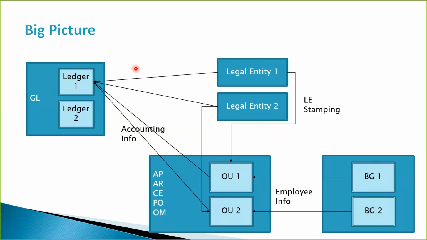This is how we create associations between all these organizations, okay? So that is the big picture. You can try to master this particular slide because it contains all the information on how all these organizations relate to each other.